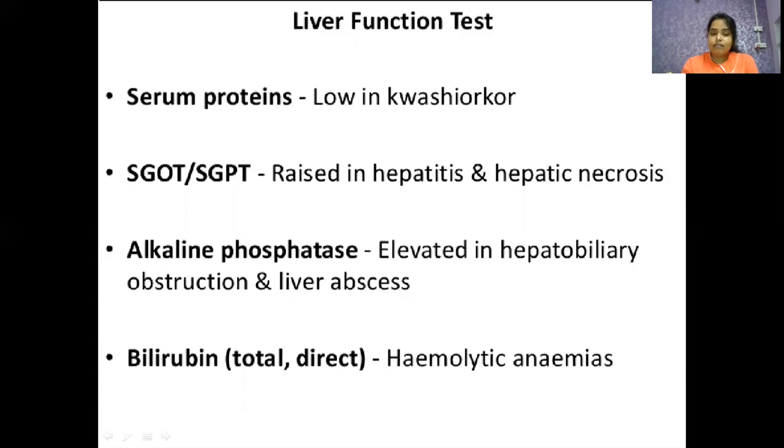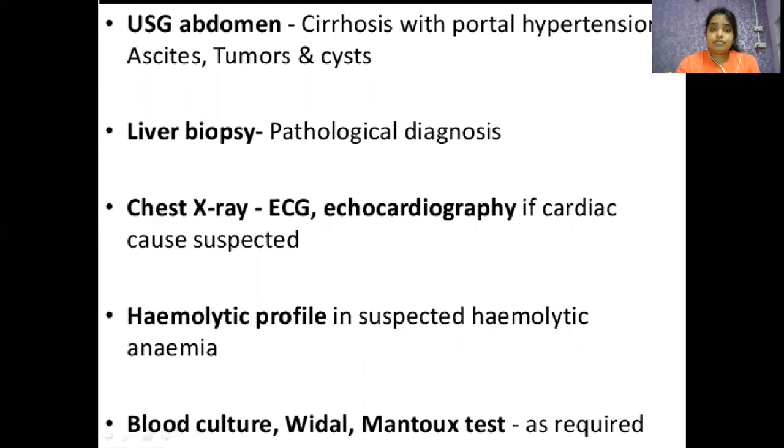We check alkaline phosphatase. Next is bilirubin, total or direct, which is found in hemolytic anemias and jaundice. Now, USG abdomen, very important: cirrhosis with portal hypertension, ascites, and tumor and cyst. Liver biopsy for pathological diagnosis.